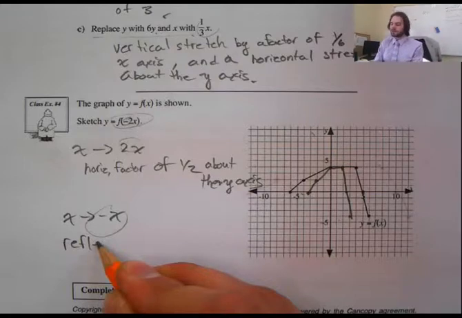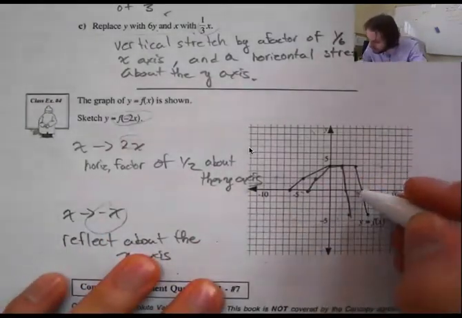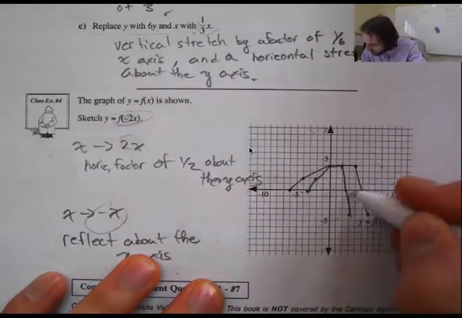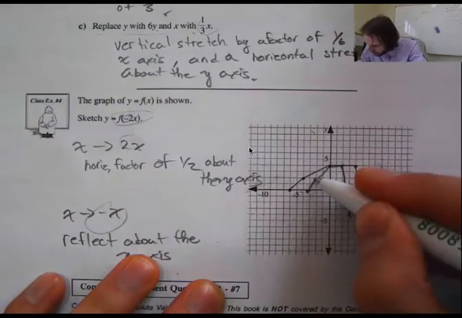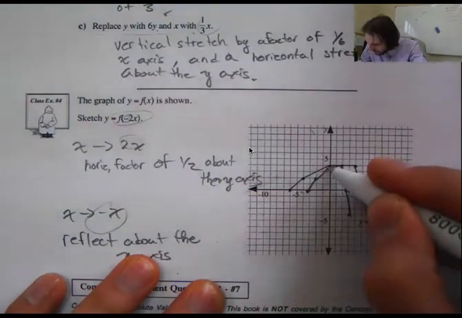So all positive x's turn negative. So this point, I'm going to do this in pen, so my final's in pen. So we end up getting here, this goes to this side, so that there will go right here. This point here will go 1, 2, it's going to be there. And this point stays.